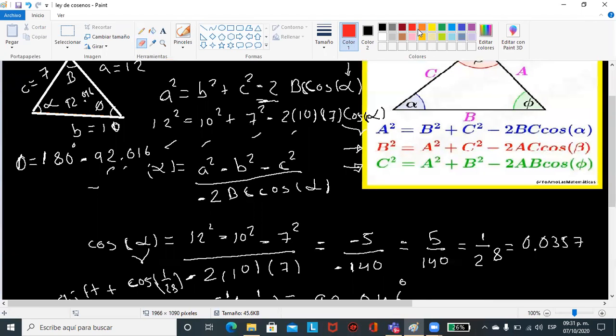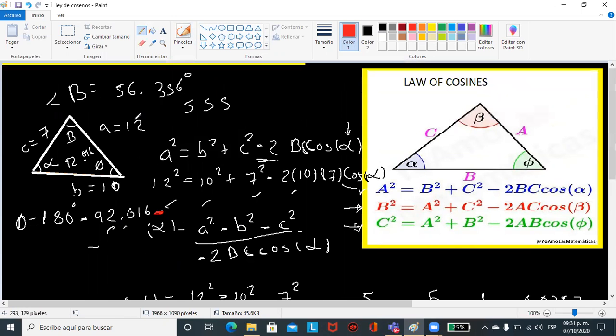Okay, here we have this, minus the last one that we found, minus 56.356 degrees, and this is equal to 31.628. So now we have the angle theta.